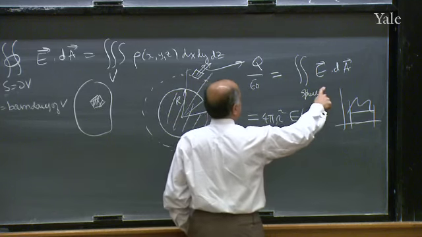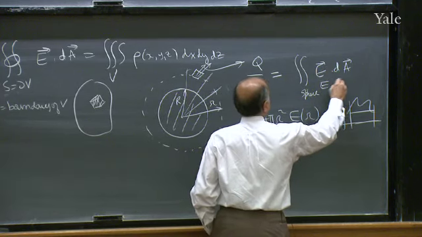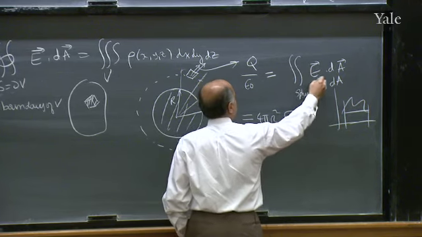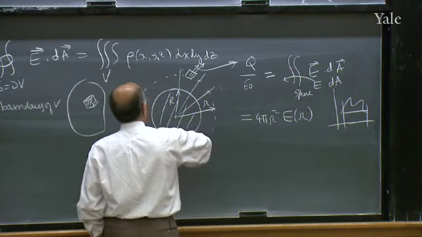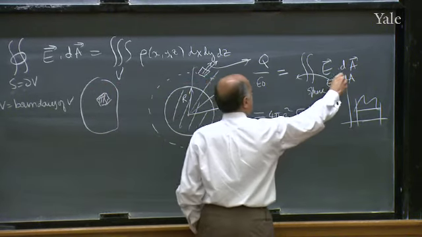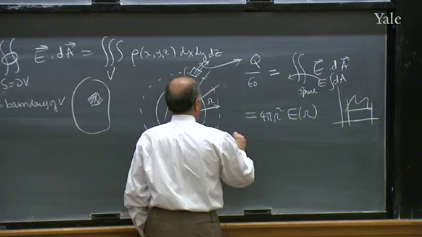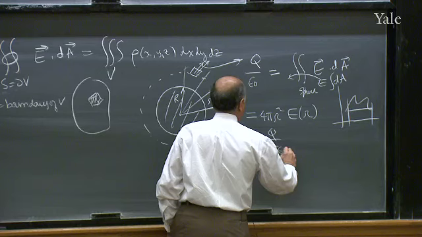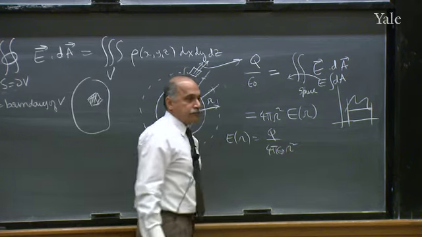So in this dot product, forget the dot product, just E times dA. There's no cos theta, it's just 1. You can pull the E out of the integral because E is constant in magnitude on the sphere. And the integral of dA is just 4 pi r squared. Therefore, you deduce E(r) is Q over 4 pi epsilon 0 r squared.